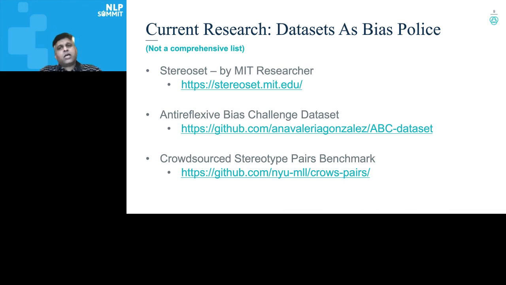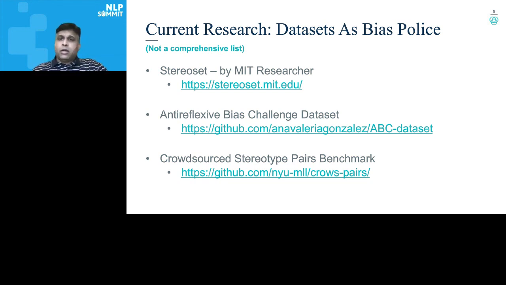So now that we have established biases exist in our data set, which means biases exist in our models, what are our options? Where can we go from here? There is a lot of research being done to address some of this, right? For example, some of the researchers are approaching data sets as a bias police, right?